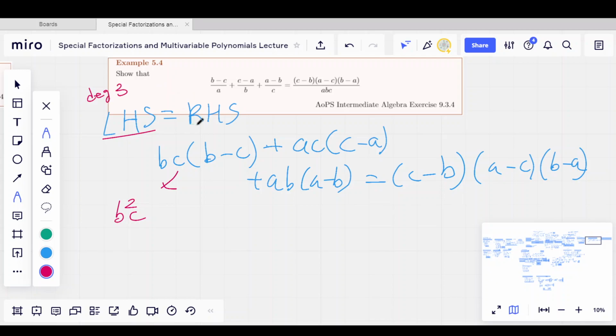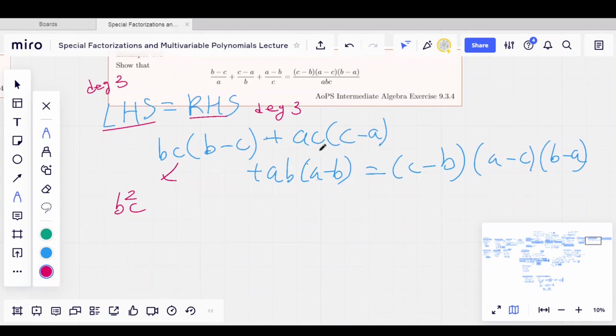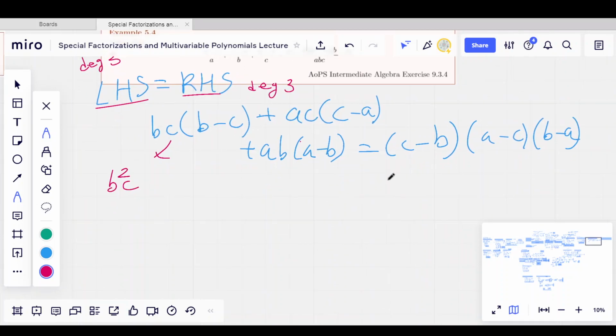And the degree of the right-hand side is also 3. You see, it has 3 factors. So degree 3. I know I'm writing all over this, but degree 3. Okay? Now, it's almost enough to verify that the left-hand side is the right-hand side. But to be really sure, we have to check that these are actually all factors of this.